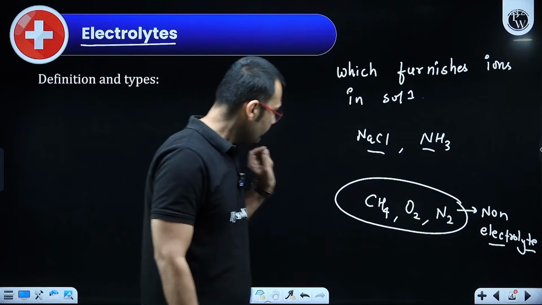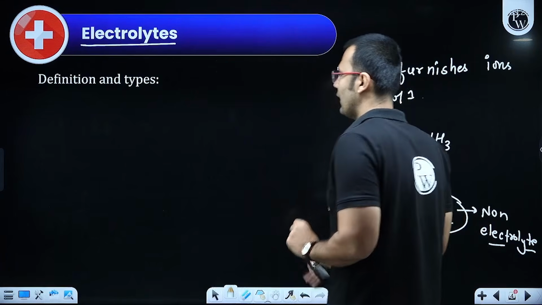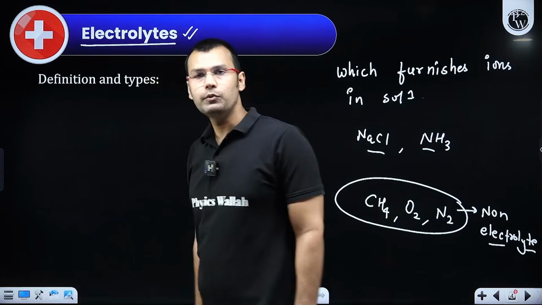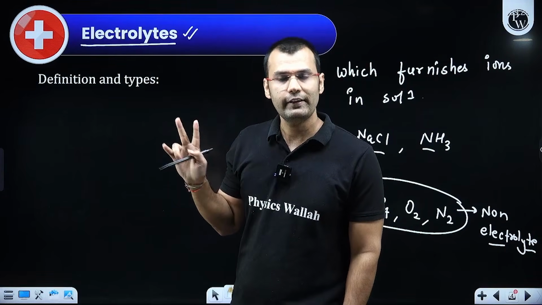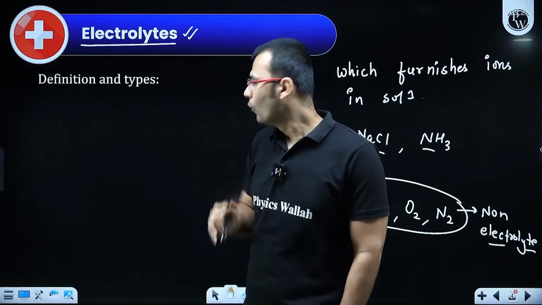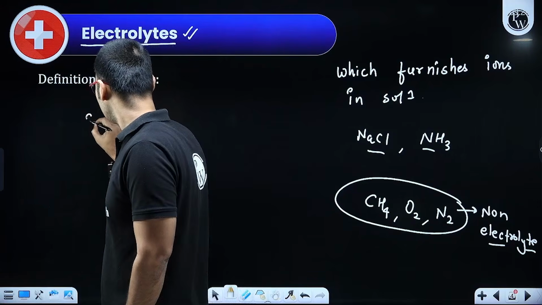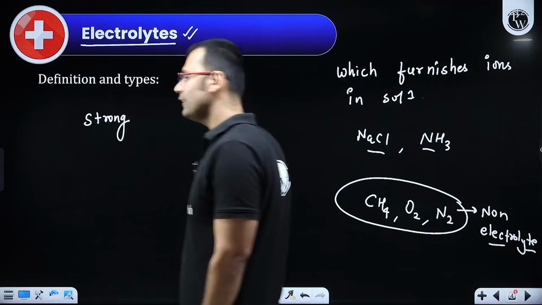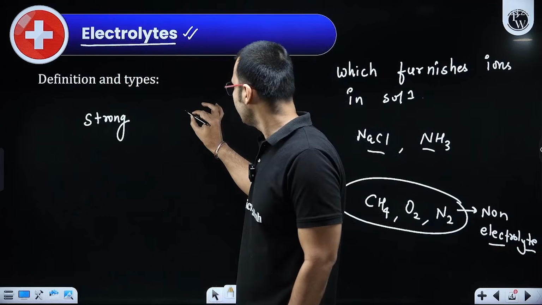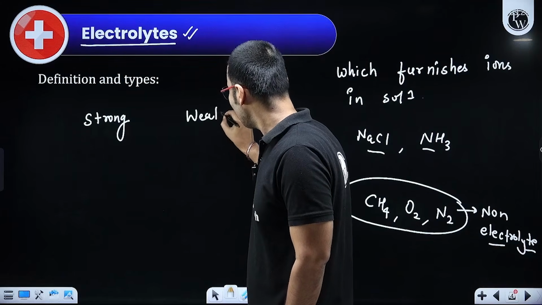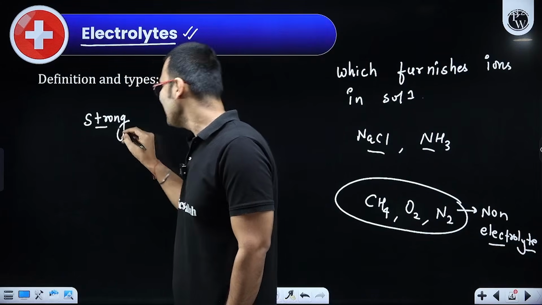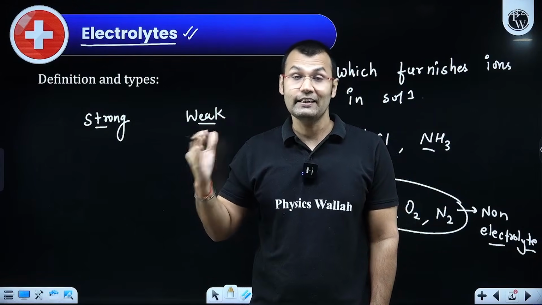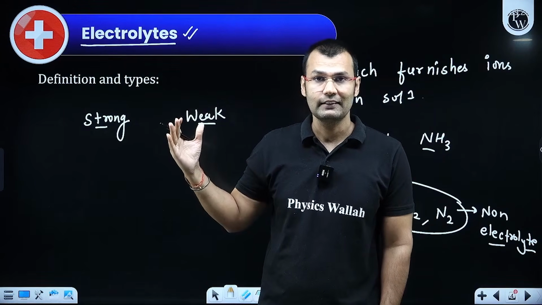Now, if you focus on electrolytes, we classify them into two categories. We have two types of electrolyte. One is called strong electrolyte, and the other one is called weak electrolyte. And believe me, the names strong and weak electrolyte are completely opposite from their properties, right?